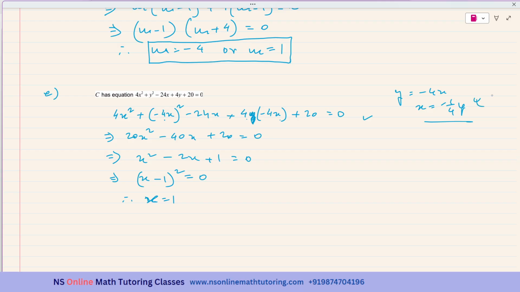You can substitute this in this expression and get the y value, but I am seeing that I have got the x value so very fast. So, now I can just substitute this 1 either over here or over here, because these two are meeting at the point whose x coordinate is 1.